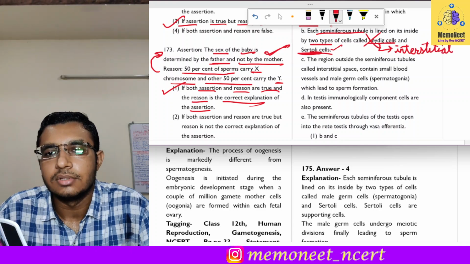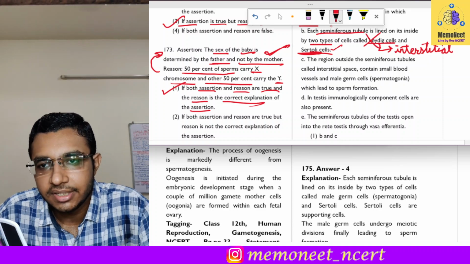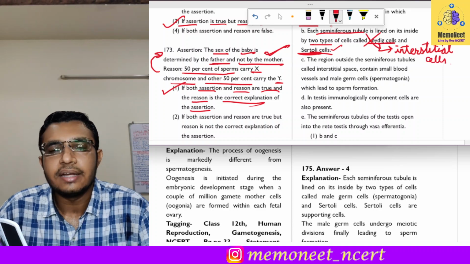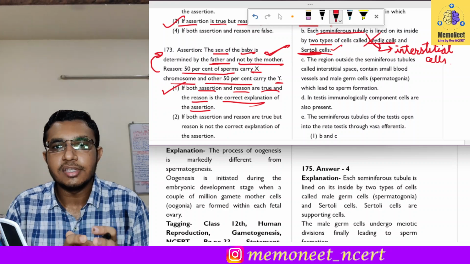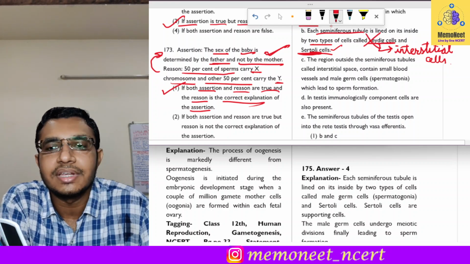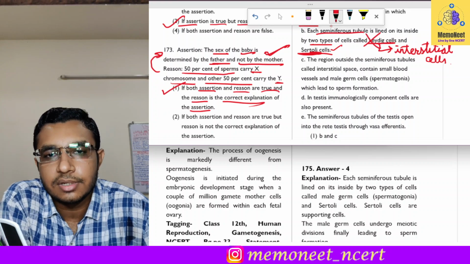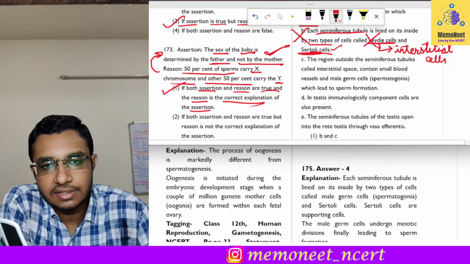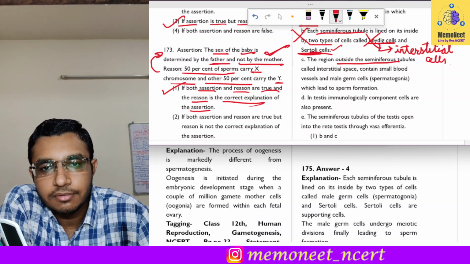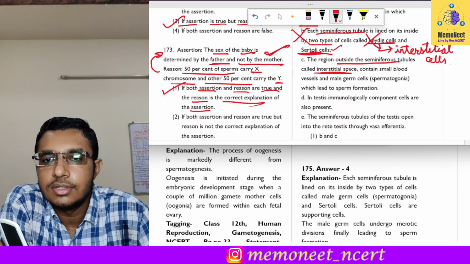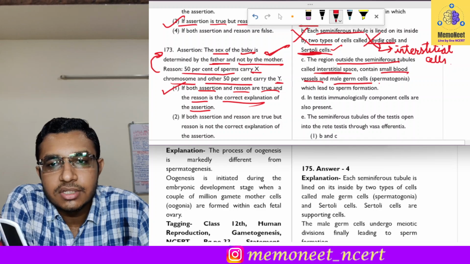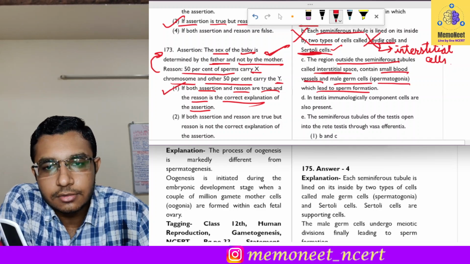So the Leydig cells will not be present inside the seminiferous tubules because these are the interstitial cells, and these are present in between the spaces of the seminiferous tubule, or the interstitium. So statement B is incorrect. Now statement C is the region outside the seminiferous tubules is called the interstitial space, and it contains small blood vessels and the male germ cells spermatogonia, which lead to sperm formation.